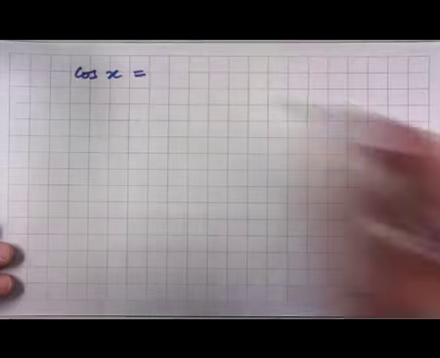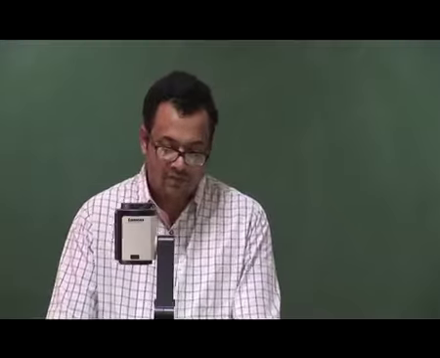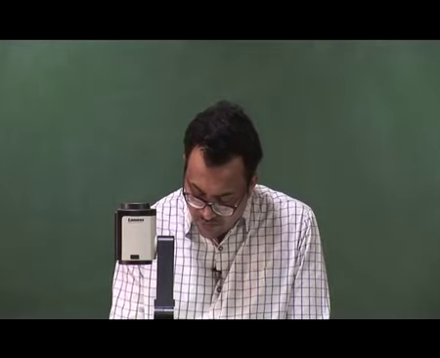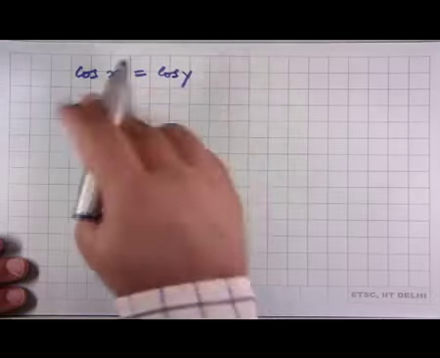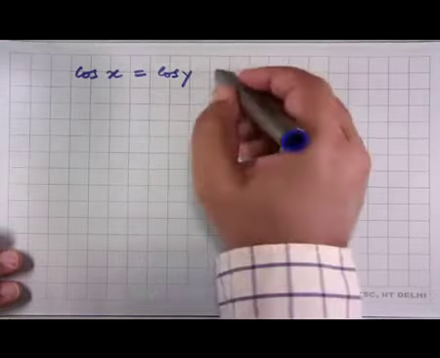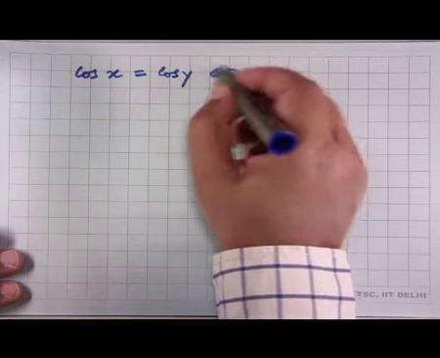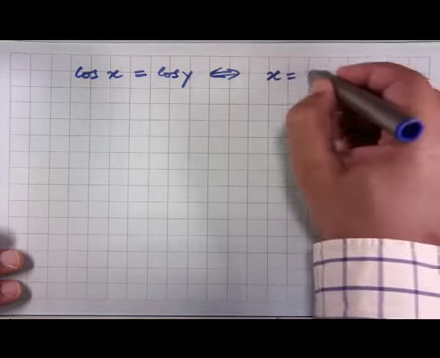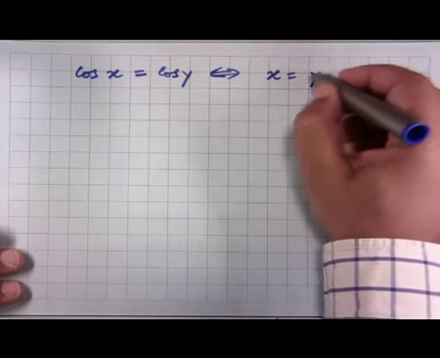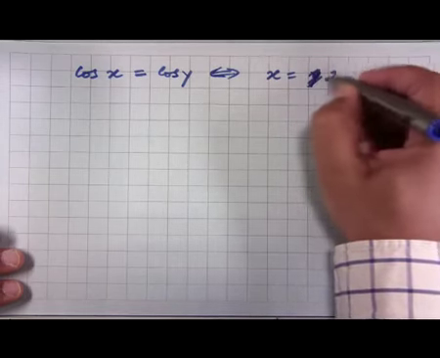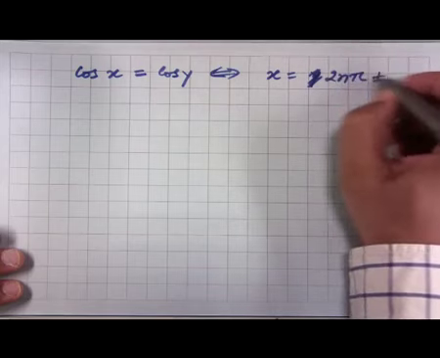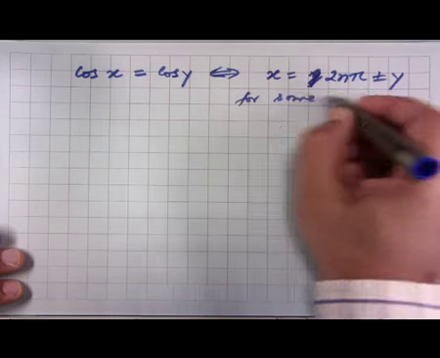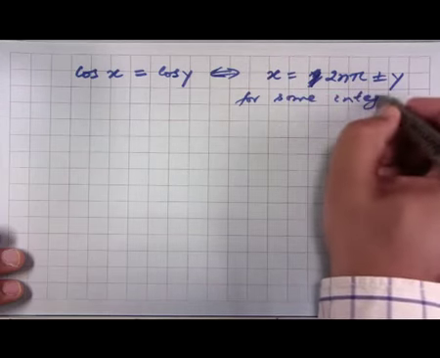Taking this forward, here we are going to essentially use something that we have already seen when we were discussing trigonometric equations. So if you remember, we said that if cos x is equal to cos y, then it must be true that x is equal to 2n pi plus minus y for some integer n.